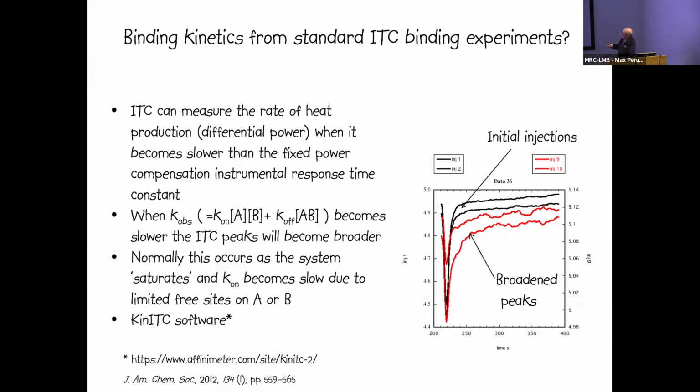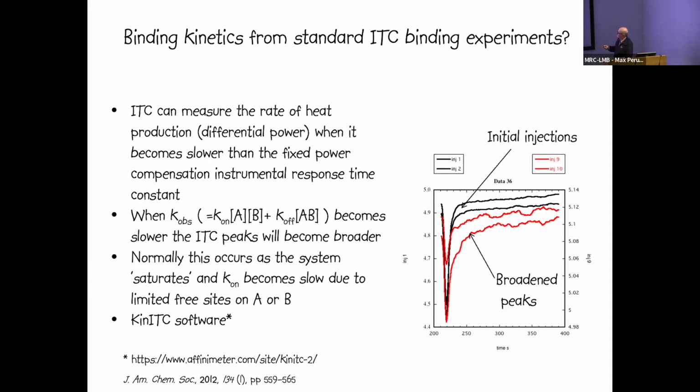When we make the injection and some heat is released or taken up within the cell, then the instrument is trying to re-establish this difference in temperature between the two cells at 0. And that electrical circuitry will have a fixed response function.